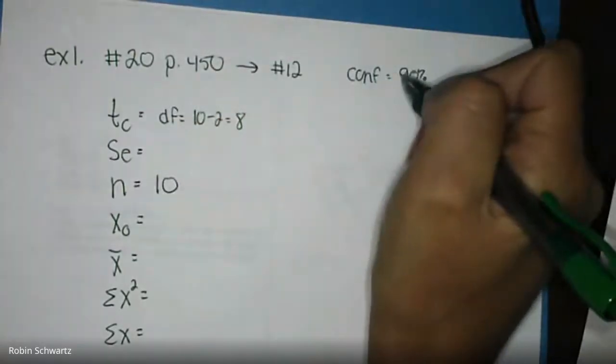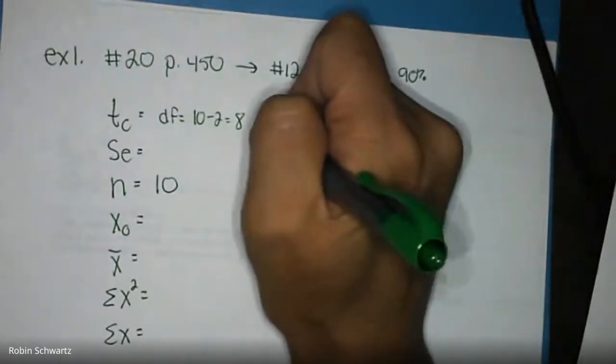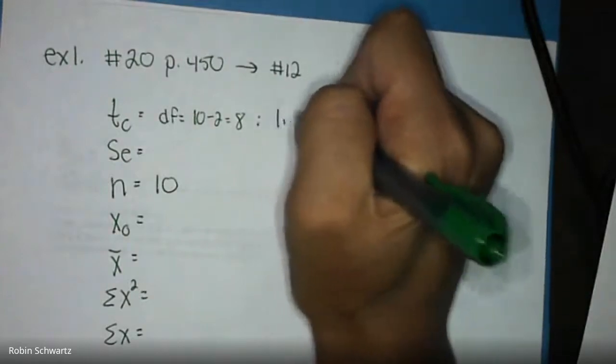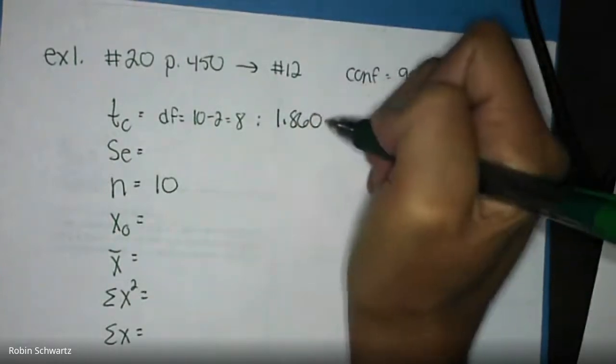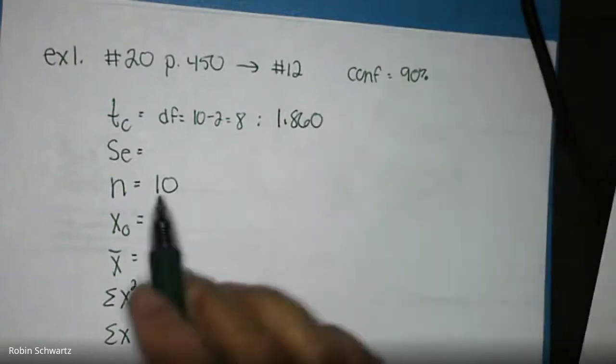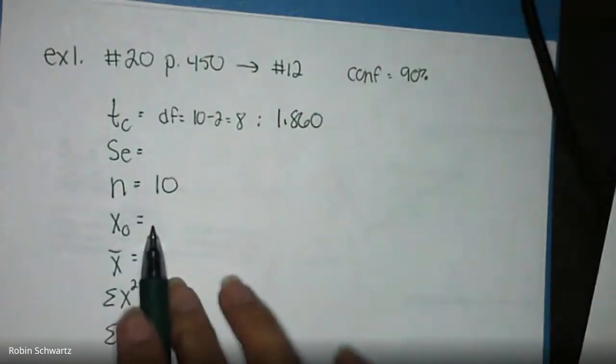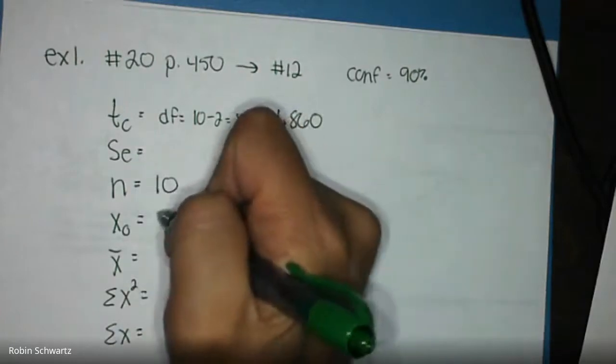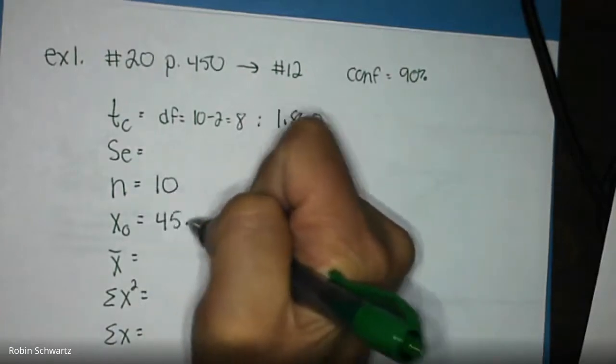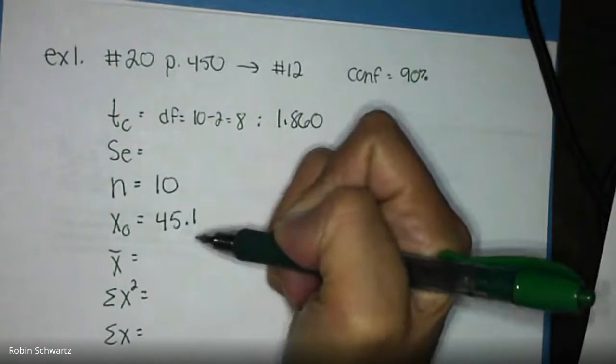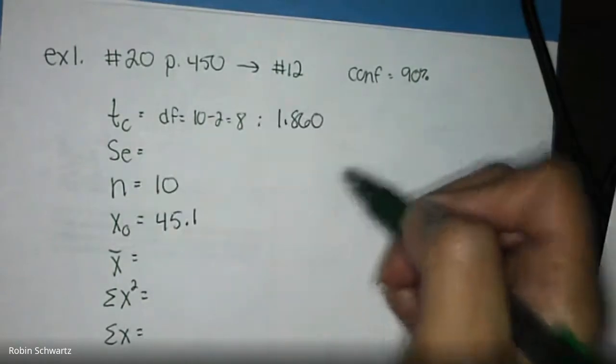And for 90% confidence, if you look that up on your T table, you're going to get 1.860. The given x value that they want us to predict for in the problem is 45.1. So that's just a given piece of information. The rest of this all has to be calculated.